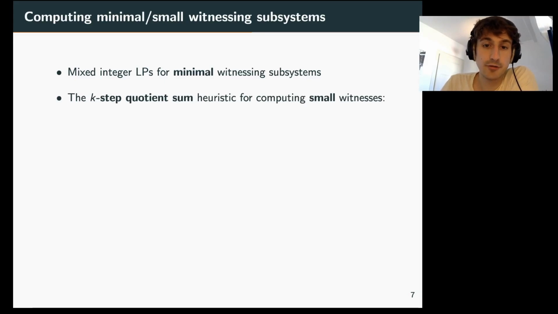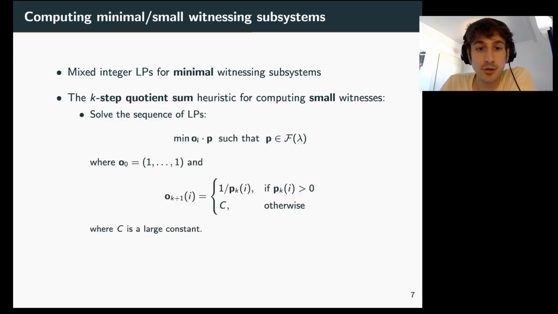But we have derived a new heuristic approach from our method, which we call the k-step quotient sum heuristic, that computes small witnessing subsystems. So the idea is to solve a sequence of linear programs where in this sequence the only thing that changes is the objective function.